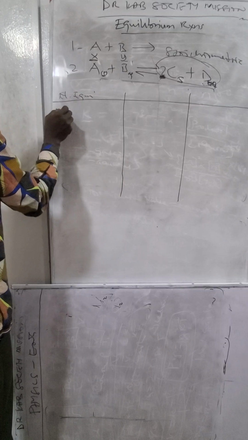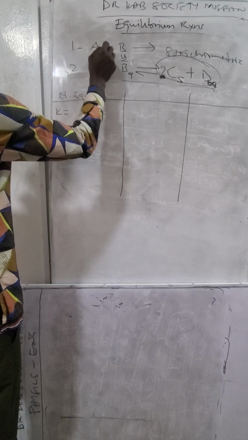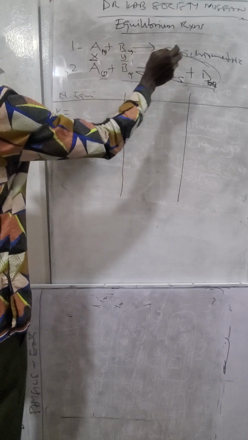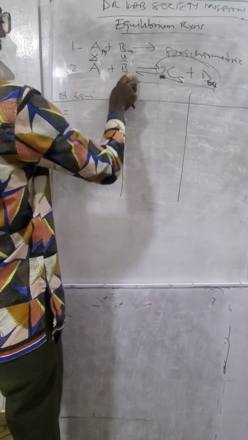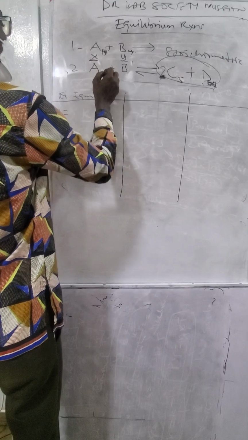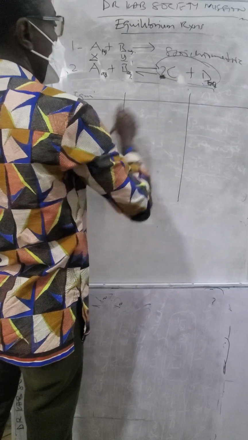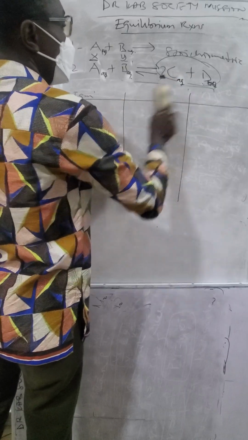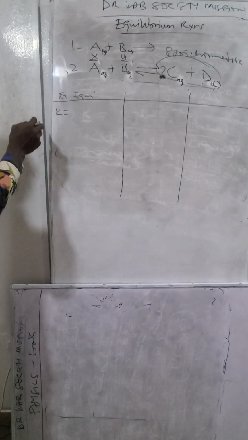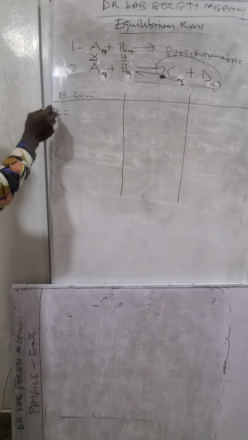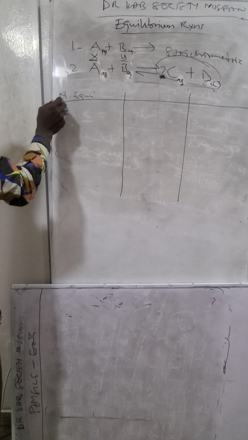Then K is equal to what? Let's say this is aqueous, this is aqueous, this one also aqueous, and then D, let's make it liquid. So this is a constant, the equilibrium constant.